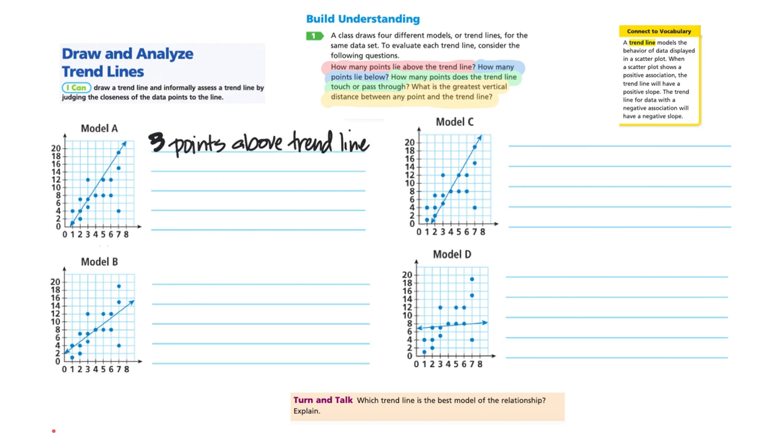And then we can count the ones below it. 1, 2, 3, 4, 5, 6. And this one's touching, but we'll count that: 7, 8, 9. So we have 9 points below the trend line.